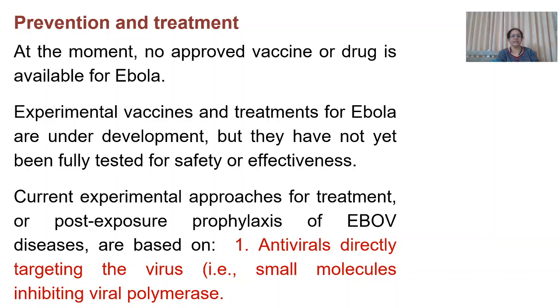Current experimental approaches for treatment of post-exposure prophylaxis of Ebola virus disease are based on, number one, antivirals. These are directly targeting the virus. An example is small molecules which inhibit viral polymerases.